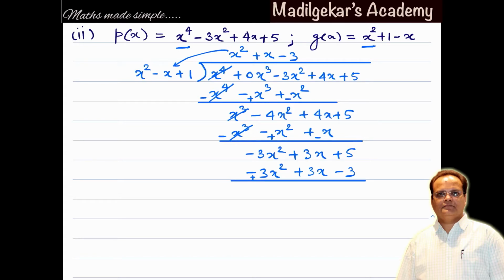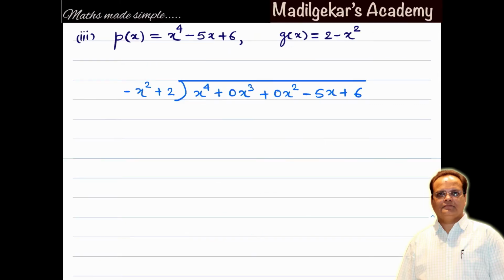Change the signs, plus, minus and plus. 3x square cancels. Coincidentally here 3x also gets cancelled. 5 plus 3 is 8. So the quotient is x square plus x minus 3, whereas the remainder is a constant polynomial, that is 8.